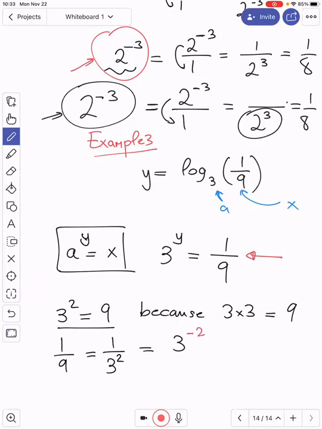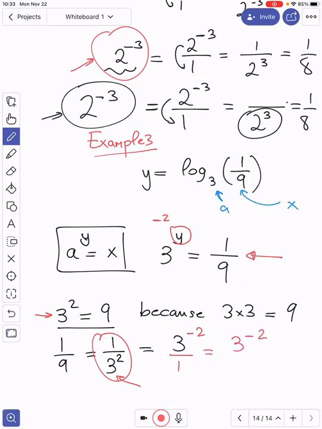Okay, so this y here would be -2. Again, 3 squared is 9, not 1/9. If you want 1/9, then it's 1/3 squared, with the 3 squared in the denominator. If you move it to the top, that will be 3 to the power -2.